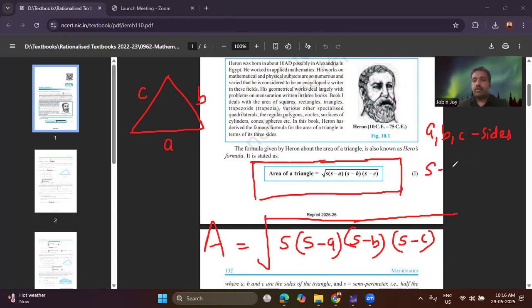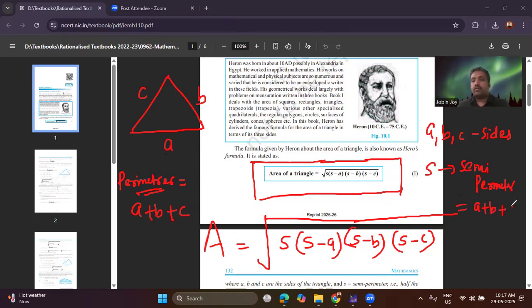And S is called the semi-perimeter. How will you calculate the perimeter of a triangle? Perimeter is equal to A plus B plus C. That is called the perimeter of a triangle. How will you calculate the semi-perimeter?